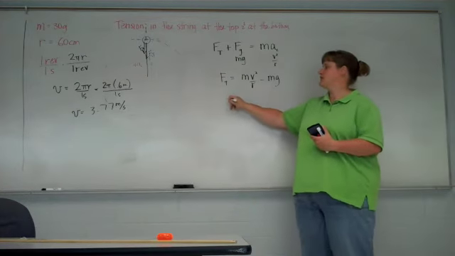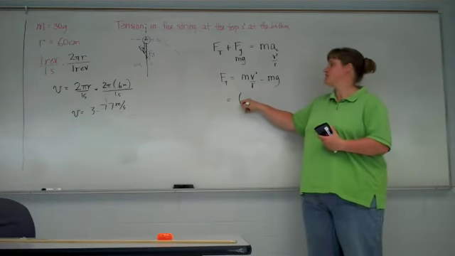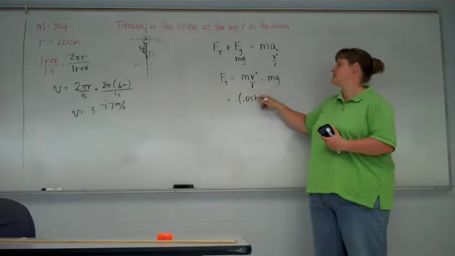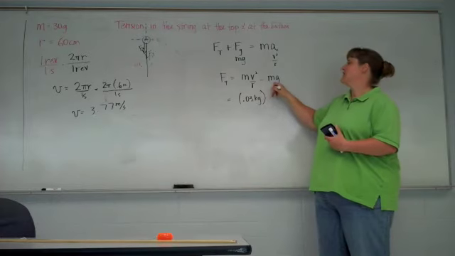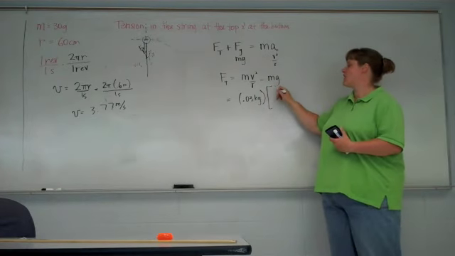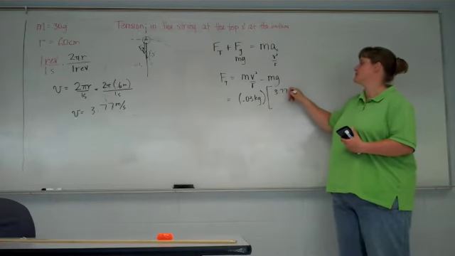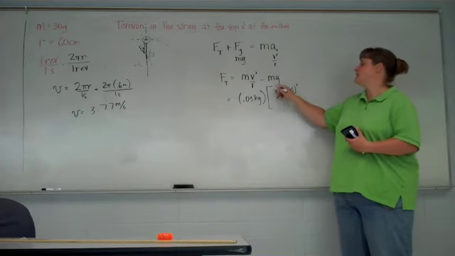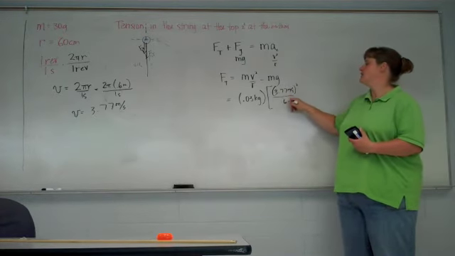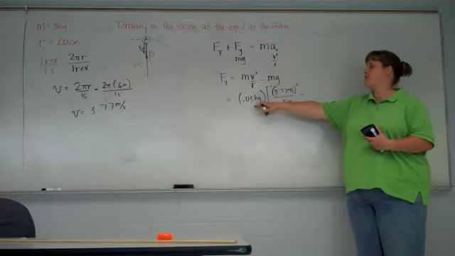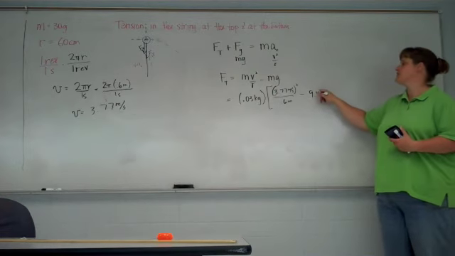So we can put that in over here. The mass is 30 grams, so that's 0.03 kilograms. I'm going to factor that out. So v squared over r, so 3.77 meters per second, that's squared, over r, minus, I pulled the m out, so minus g.